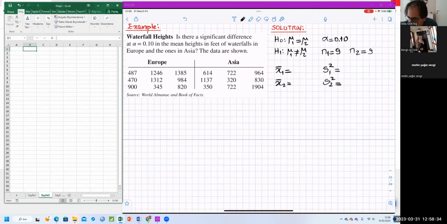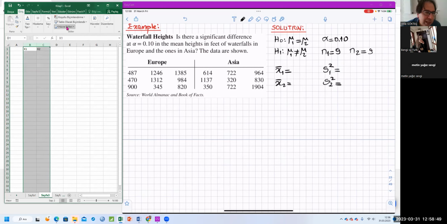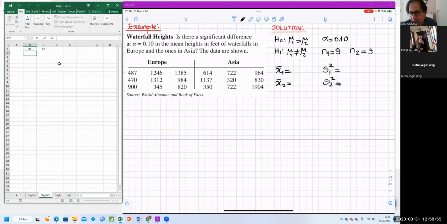I'll type X1 here. This is X1 and X2. It's easy to perform such calculation in Excel, but in the examination, you're not allowed to use a computer or anything like this. You'll have to use your own calculator.